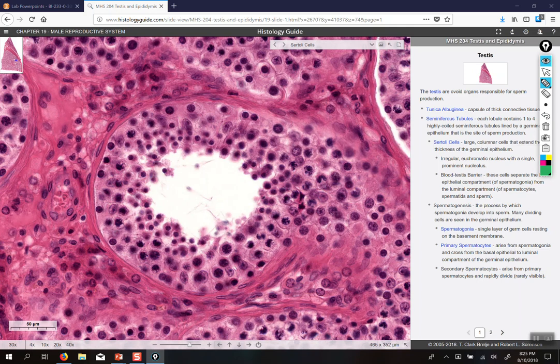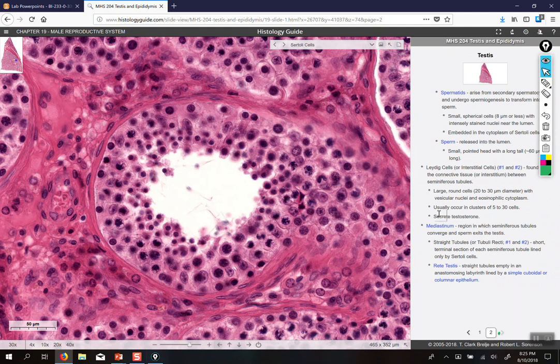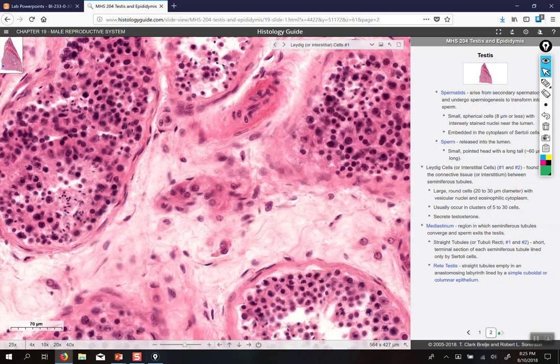Now, let's see if we can find some cells of Leydig, shall we? Leydig cells. Let's look at cell number 1. Okay, here we have some. So here we have some cells of Leydig. Now remember, I said they're not always triangular, but sometimes they are. The rule is, see this connective tissue capsule that covers the seminiferous tubule?